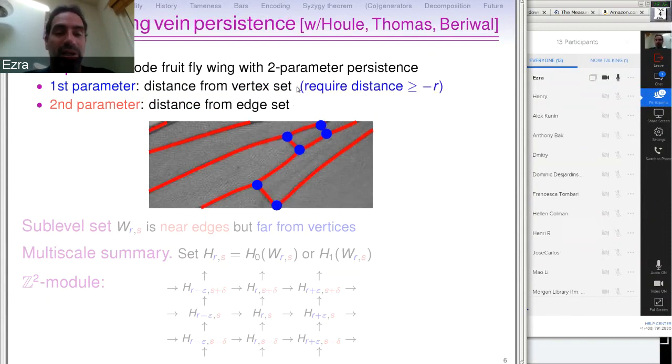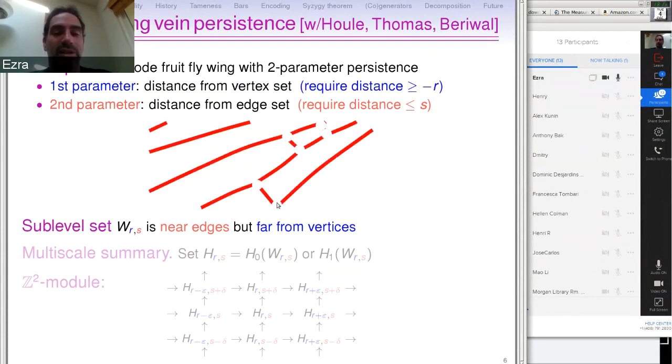But now we're going to require the distance to be greater than or equal to minus r. Why the minus sign? It's because, you'll see in a second, the sublevel set is going to be near the edges but far from the vertices. So we want to take the union of the stuff that is red but not blue. So we're removing the blue stuff from the topological space.